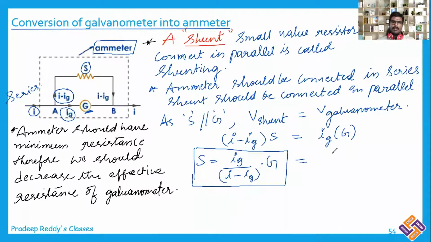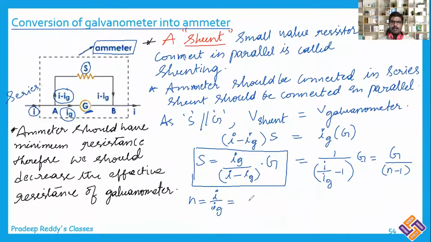And the same equation can be written as 1 divided by (I by Ig minus 1) into G, which is equal to capital G divided by (N minus 1), where N can be written as I divided by Ig.